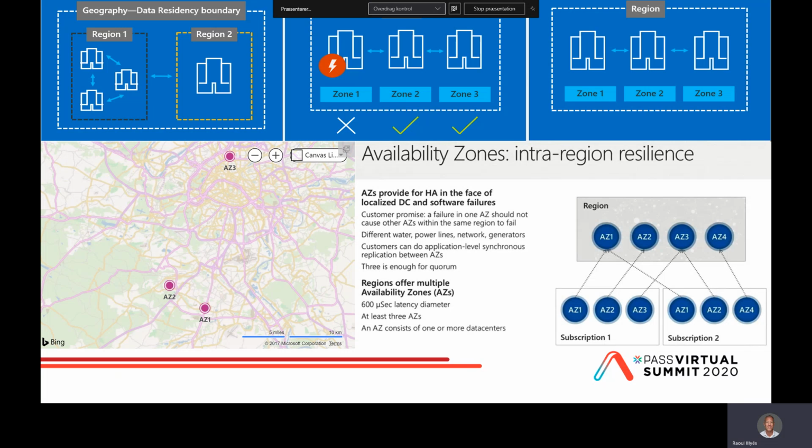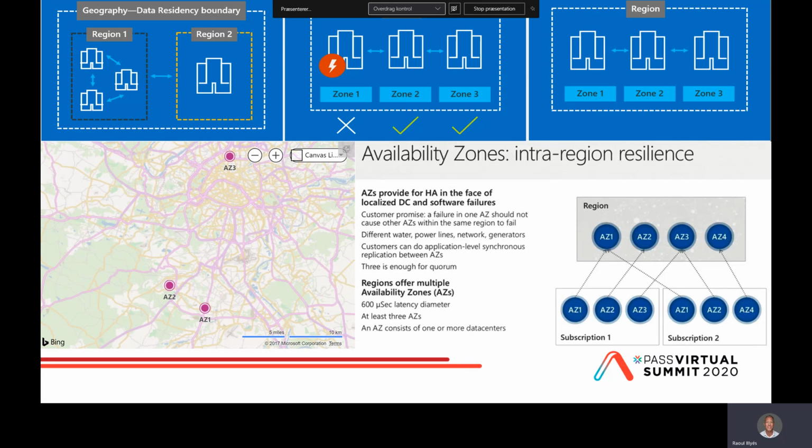What does that mean? So within a region, you will, as a minimum, have 3 independent linked data centers. And depending on the type of platform that you have chosen to put your data into, either if it's IaaS or a PaaS platform, you have the option to configure it to use AZs instead of using regional pairs as a protection mechanism.